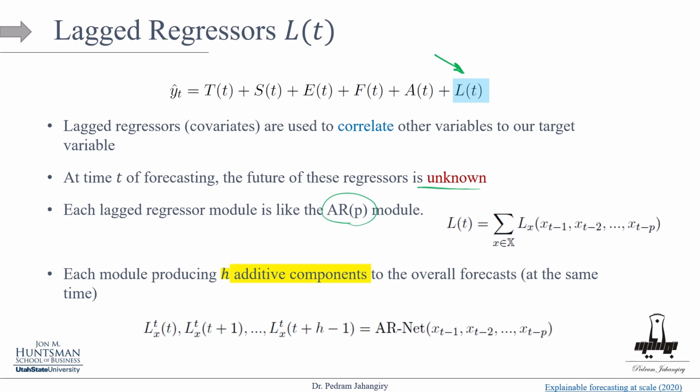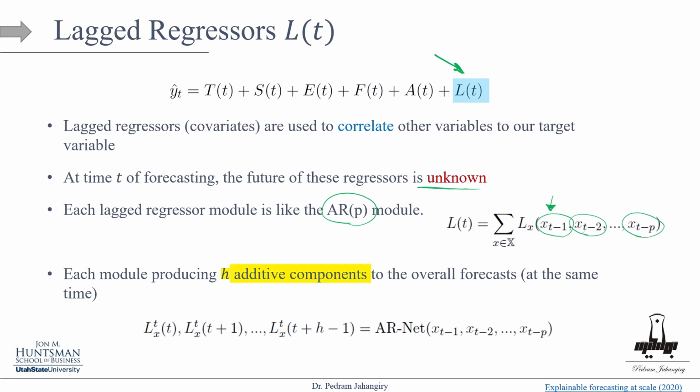Let's say our regressor is X, so we are going to add X t minus 1, t minus 2, all the way to t minus p. So this is our AR-p model like that, right? It's not autoregressive because we're not using the target variable, but this is a lag variable of a new feature X, okay? And again, as I said earlier, each module, so here this is L, is producing H additive components to the overall forecast.